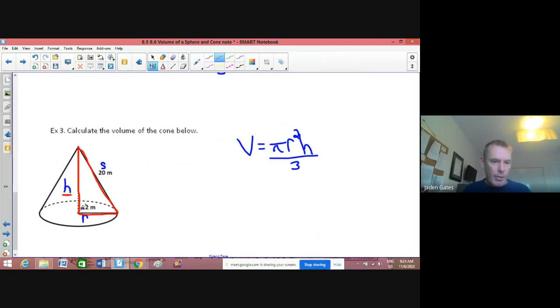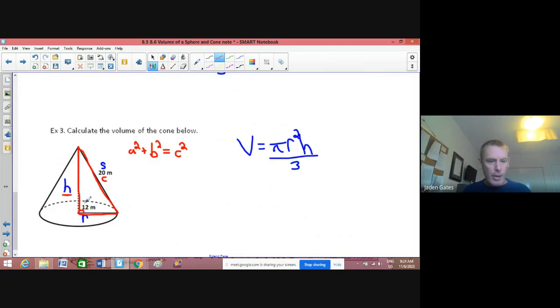All right, so again, there's my right angle. I have a 12 here, but again, the important thing with the Pythagorean theorem is your C value, which in this case is also my slant height. All right, so I have A squared plus B squared equals C squared. So I'm going to have to use the Pythagorean theorem. That's showing up again here.